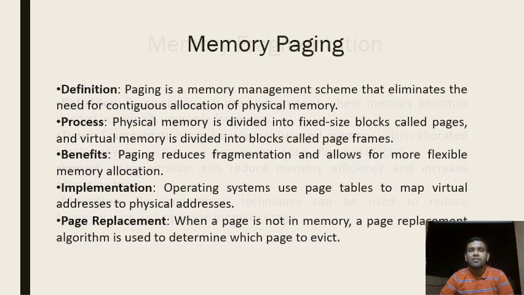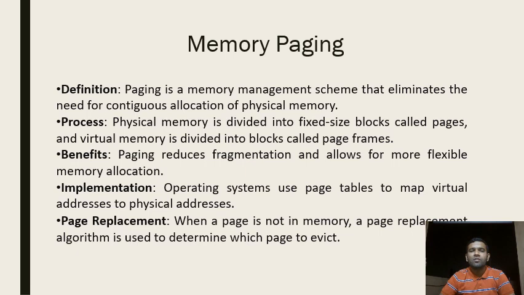Next, let us see about memory paging. Paging is a memory management scheme that eliminates the need for contiguous allocation of physical memory. What is the process of memory paging? Physical memory is divided into fixed size blocks called page frames, and virtual memory is divided into blocks called pages.